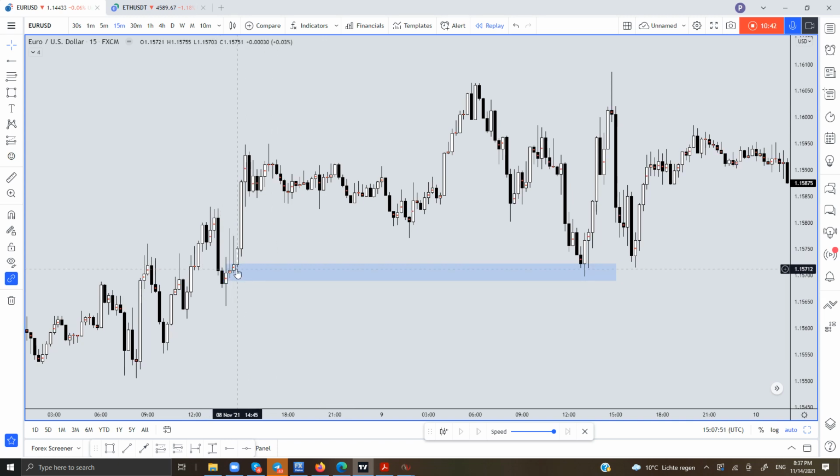Here we see a nice zone, very good zone. Price moved aggressively from here, almost a 90-degree move, right? And when the price came back to that zone again, let me open my session indicator. There's a session indicator which will tell you the New York session starts, London session starts. See where New York is starting, exactly at this candle.